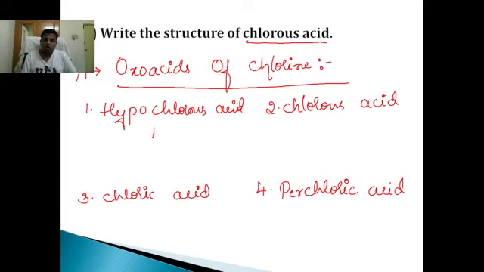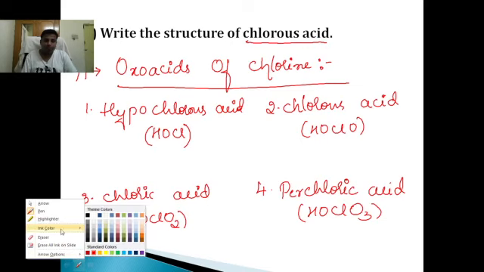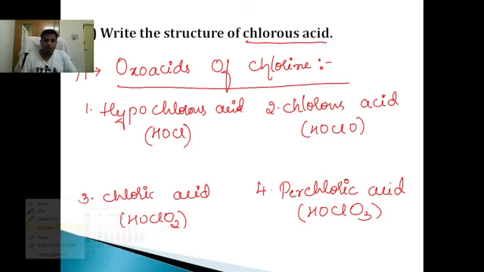Hypochlorous acid, HOCl. Chlorous acid, HOClO. Chloric acid, HOClO2. Perchloric acid, HOClO3. Just look at the structure of all the oxo acids of chlorine. Hypochlorous acid, very simple, HOCl.